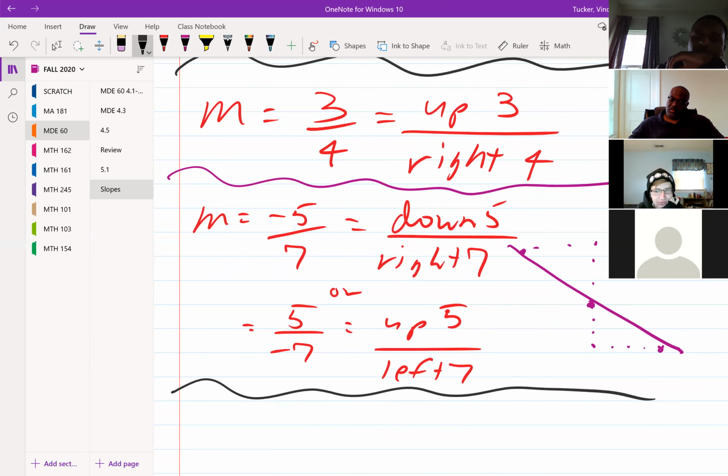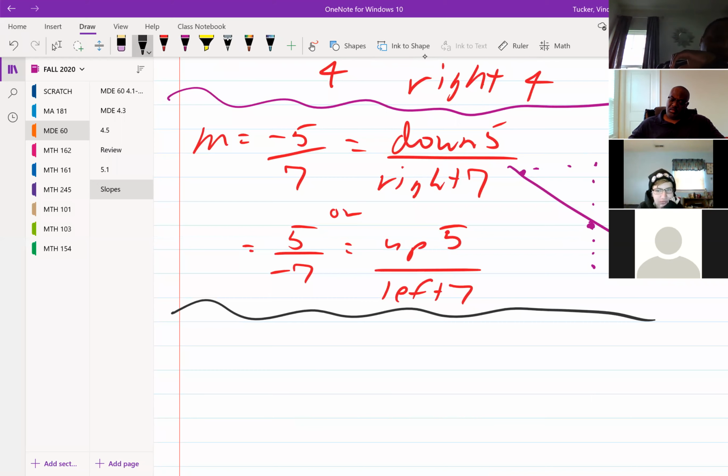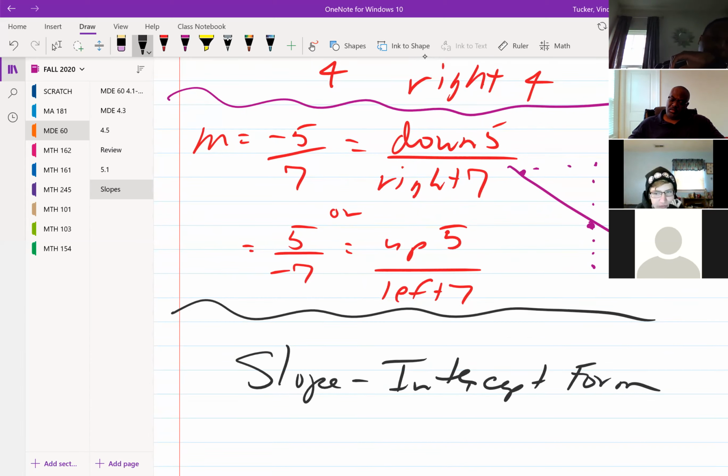All right, one more thing before we go ahead and graph, which is the slope intercept form.